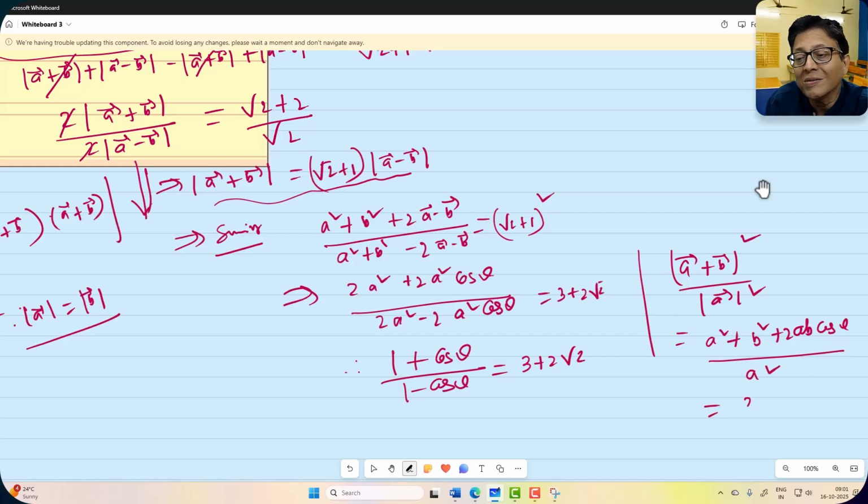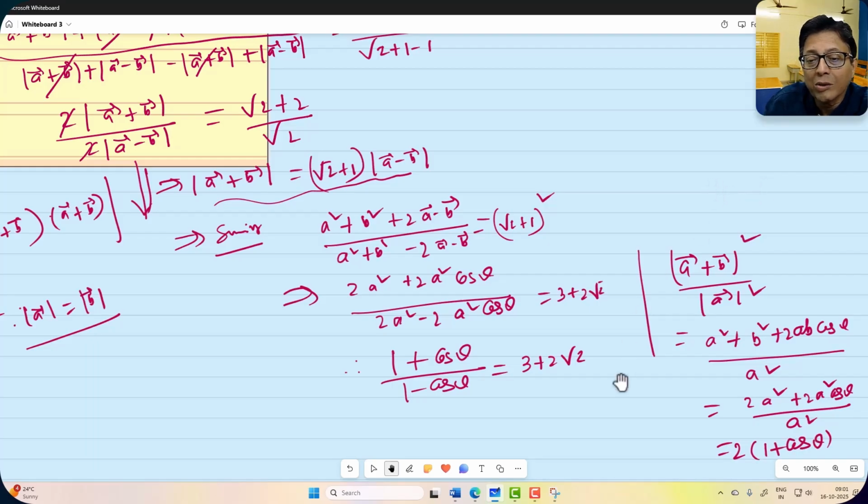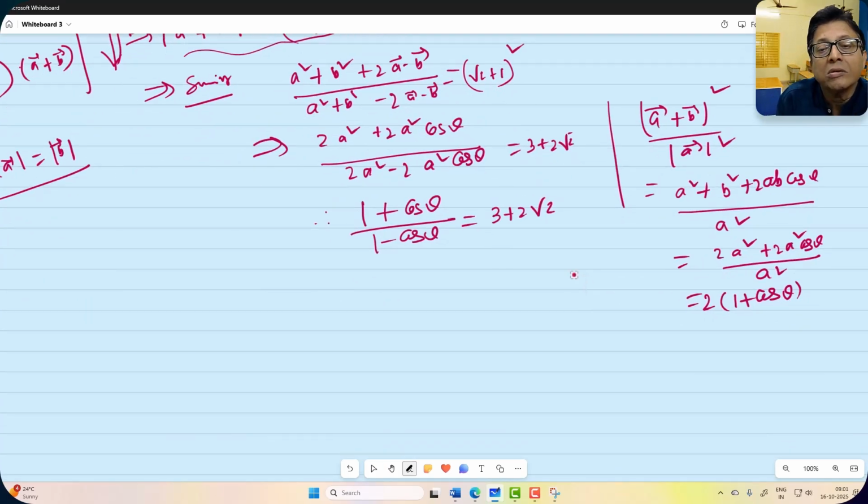A square equal to B square, so you write 2A square cos theta by A square, 2 into 1 plus cos theta. Okay? Now, if you get the value of cos theta here and substitute, then this is fine. But how to get cos theta over there? You just cross multiply and get the value of cos theta and substitute over there.